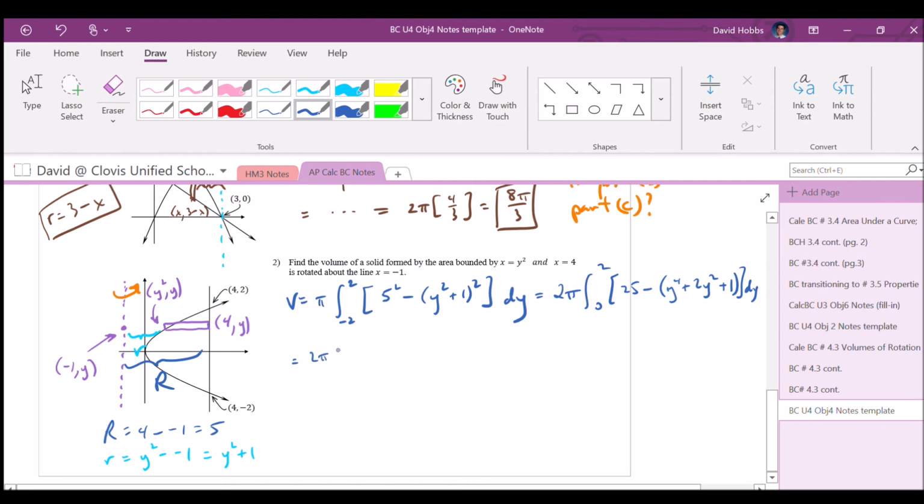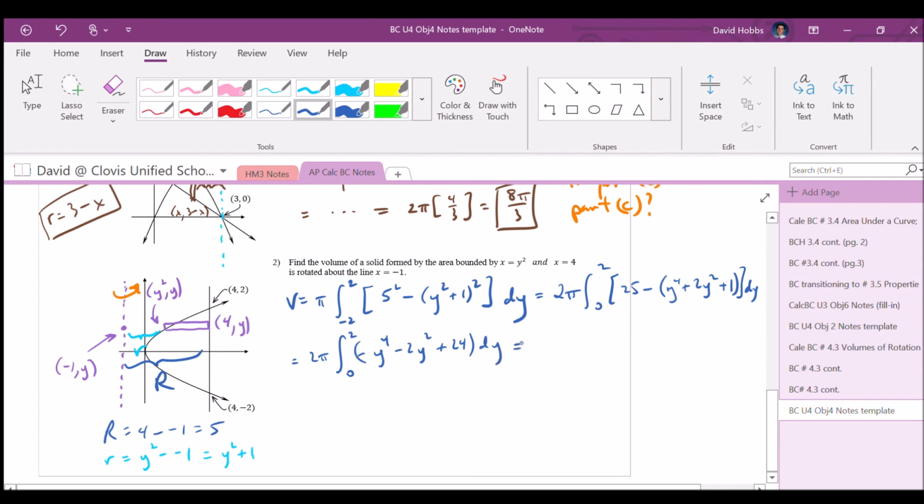And 2 pi, 0 to 2, I would have negative y to the 4th minus 2y squared minus 1 plus 25, so plus 24, dy.